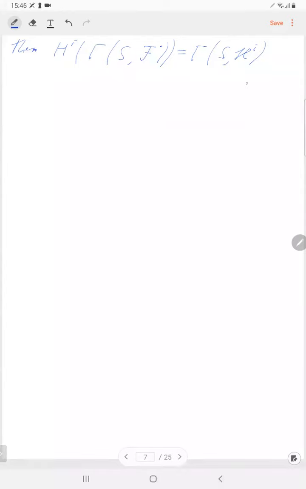You can take any acyclic resolution. So you see, taking sheaf cohomology and the global sections, they commute. You can do it first in this order or then in the opposite order.